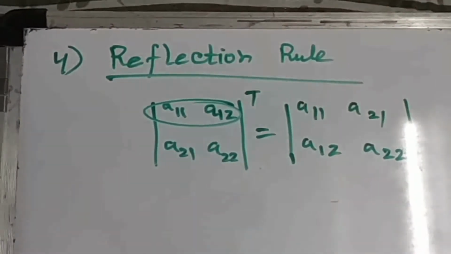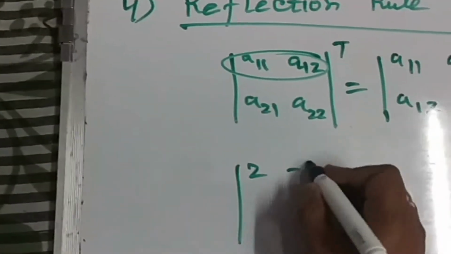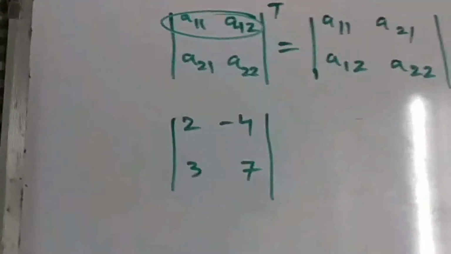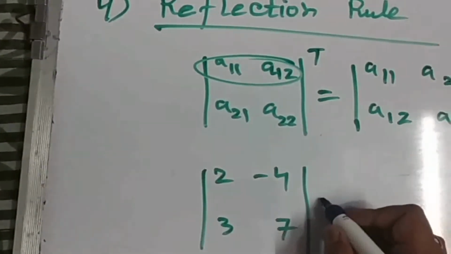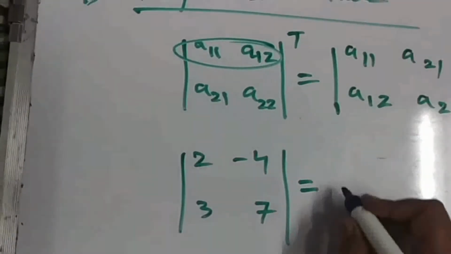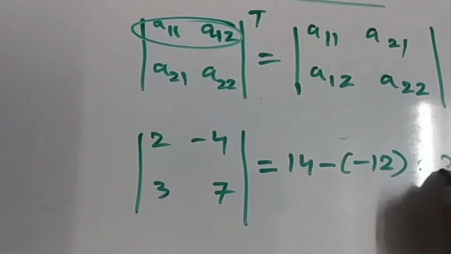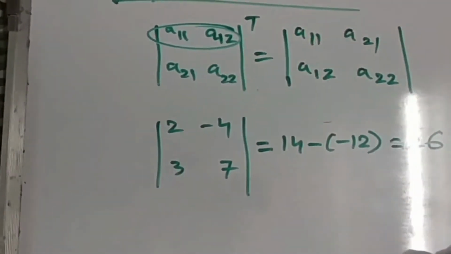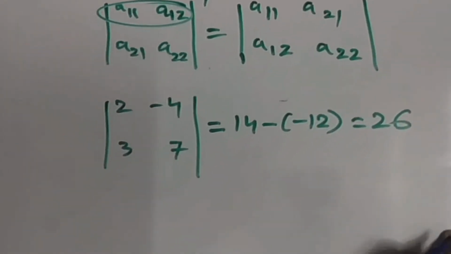I am giving you one example. Suppose here 2, minus 4, 3 and 7. This is the practical example. Now let us calculate this. 2 into 7, 14, minus 3 into 4, minus 12, so it is 26. Now I am doing transpose.